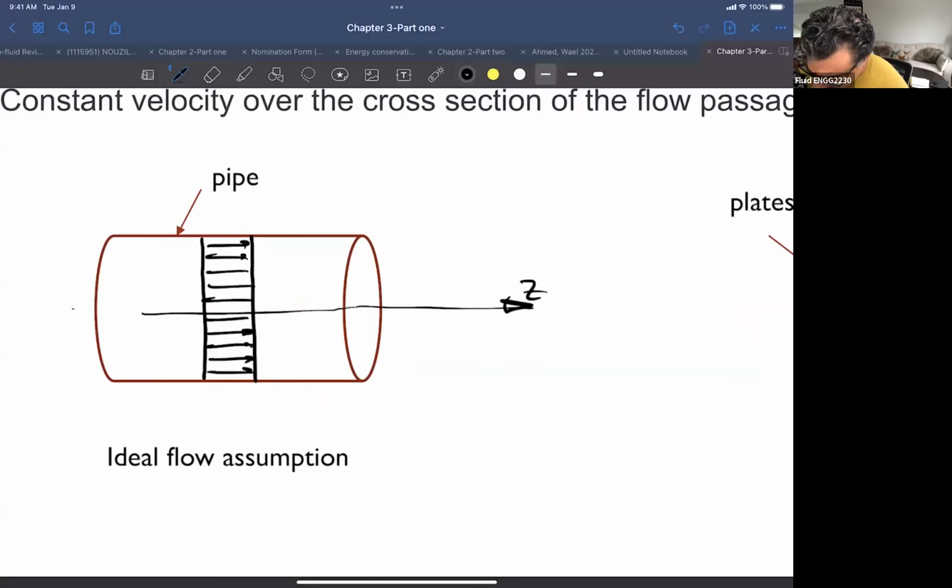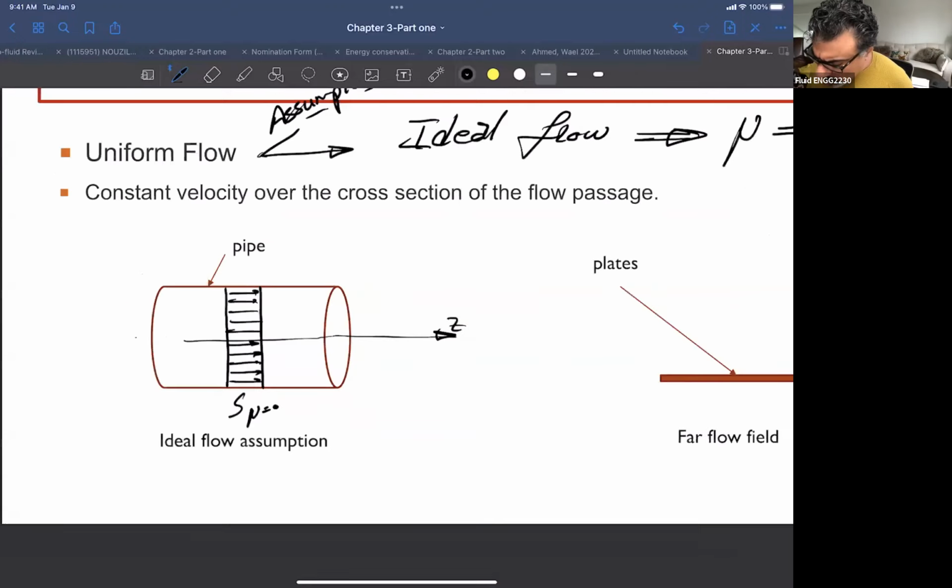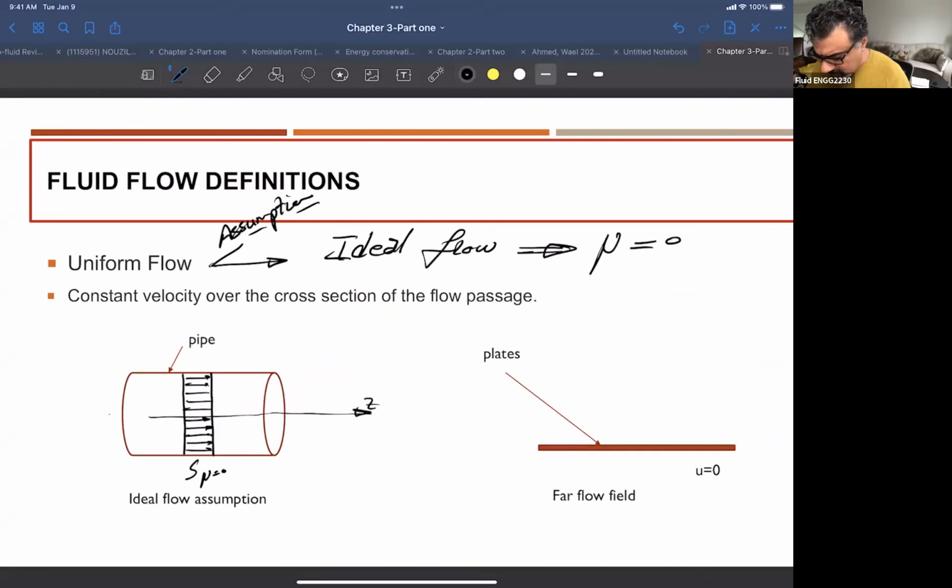Of course, this is only valid if mu is equal to 0. No shear stresses between the layers, which means that the velocity is the same, because what changes the velocity between a point far from the wall and the wall is the viscous forces between the layers. Again, all these are concepts and definitions.